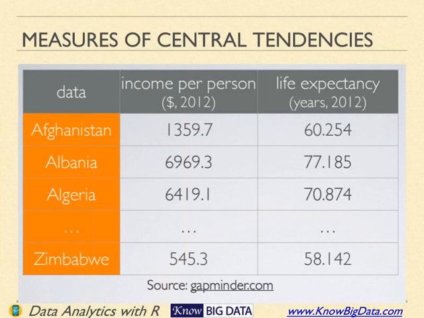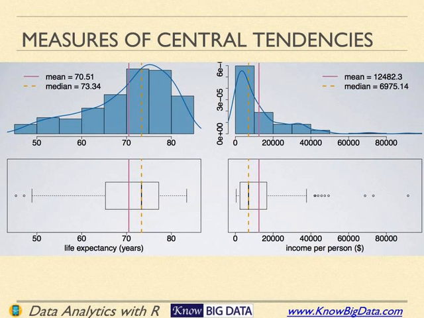You can compute the central tendency of these. When you draw a graph which is unimodal but skewed, this is called left skewed and this is called right skewed. Right skewed means the tail is towards the right, left skewed means the tail is towards the left.